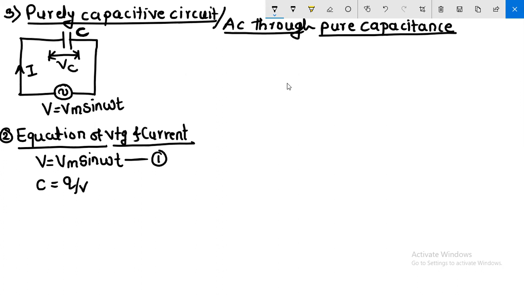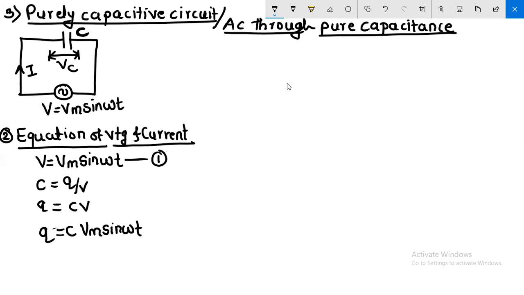If I have to find the value of Q, that is equal to C into V. V is Vm sine of omega t, so this is the equation for Q.